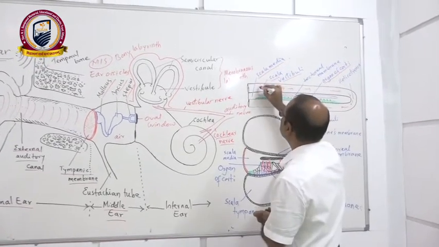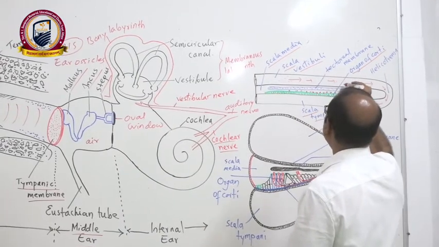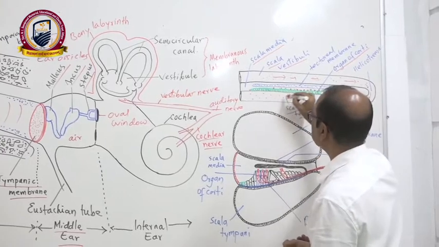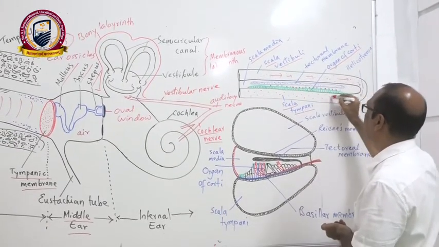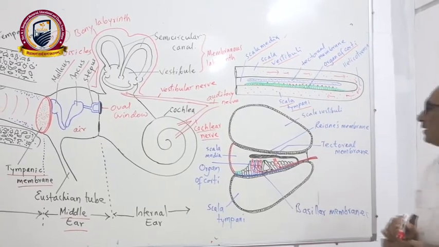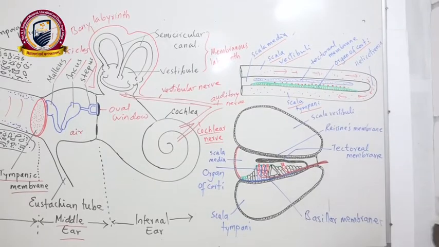Inside the scala vestibuli and scala tympani, there is a fluid filled inside. That fluid is called the perilymph.